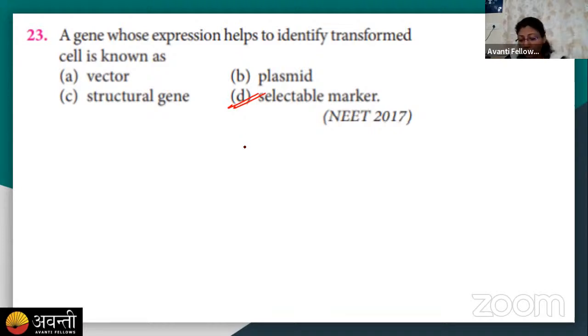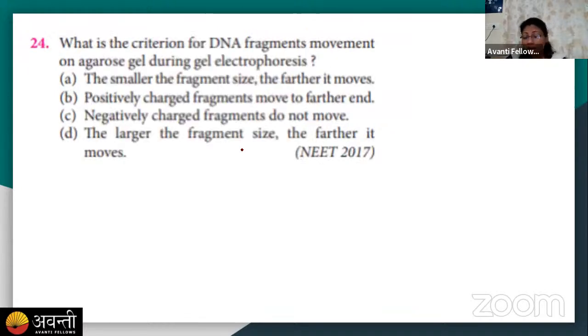That is option D. The last second question for today, because we are going to do only 25 questions. It says, what is the criteria for DNA fragments movement on agarose gel during gel electrophoresis? Option A, the smaller the fragment size, the farther it moves.